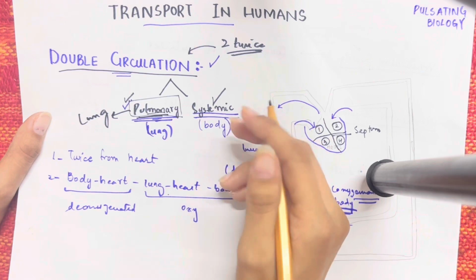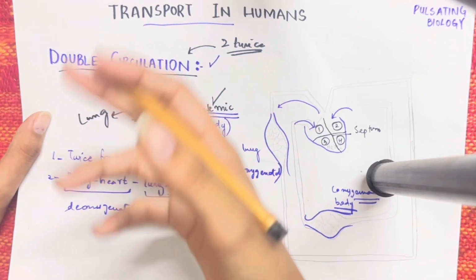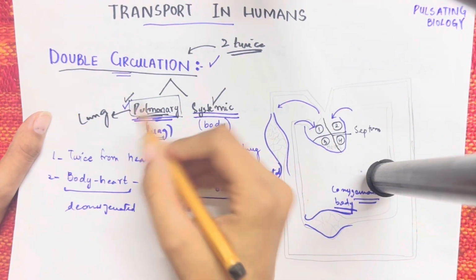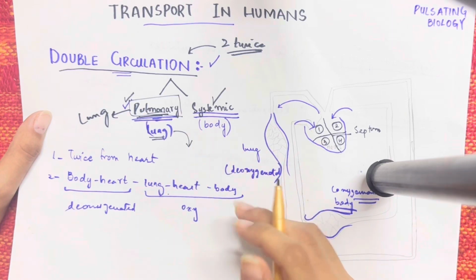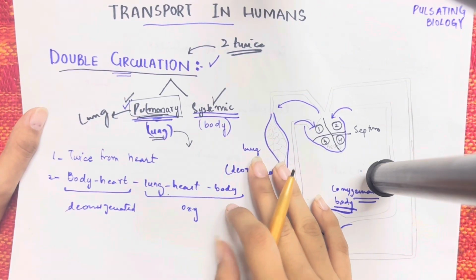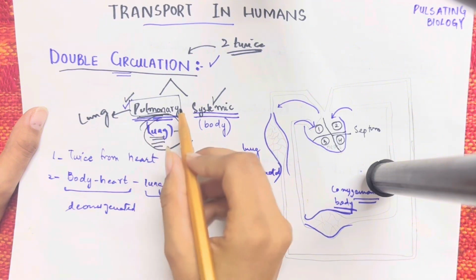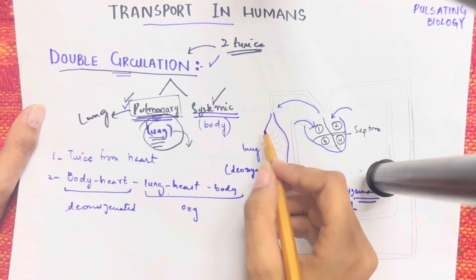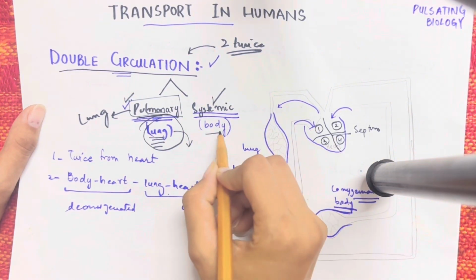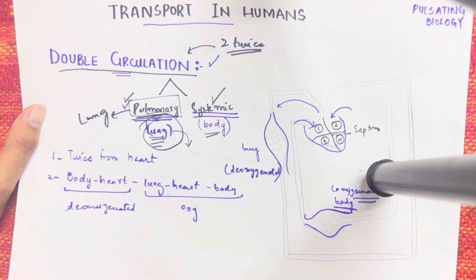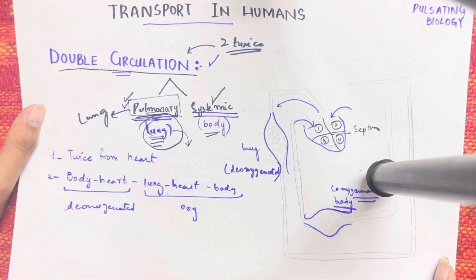Whenever the blood is passed from the right atrium into the lungs to get oxygenated, and then comes back from the lungs to the left atrium, this form of circulation that includes the lungs is termed the pulmonary circulation, whereas the circulation that includes the transport towards the body is termed the systemic circulation.